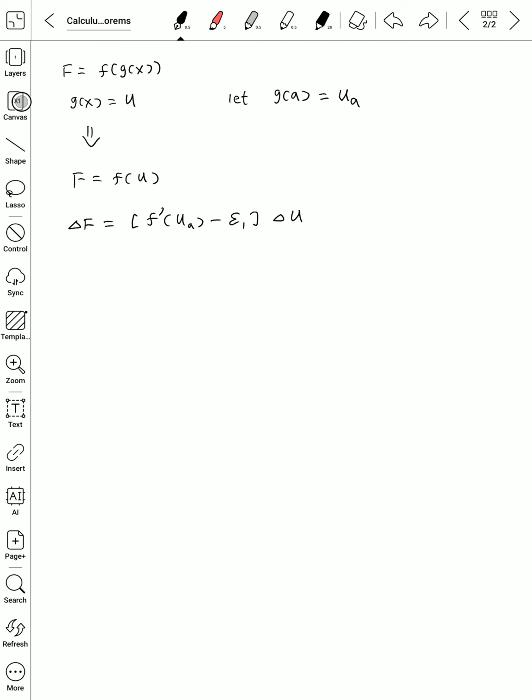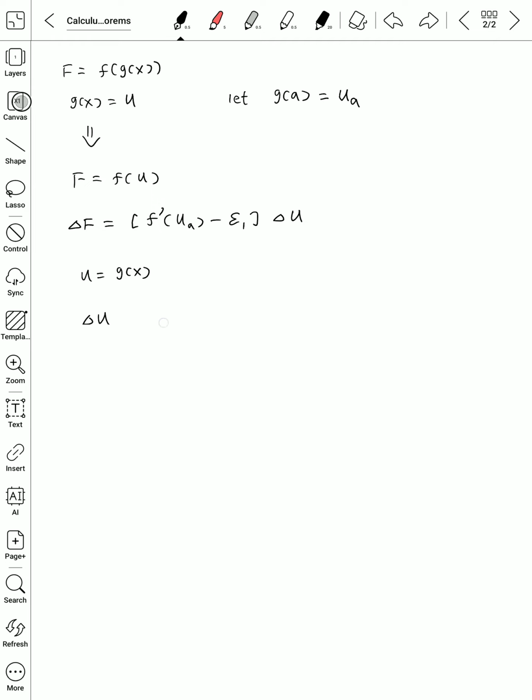But similarly, since u is equal to g of x and is in fact a function of x, we also know the relationship between the increment of u and the increment of x. And the relationship is this.